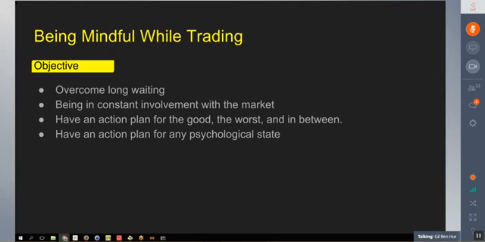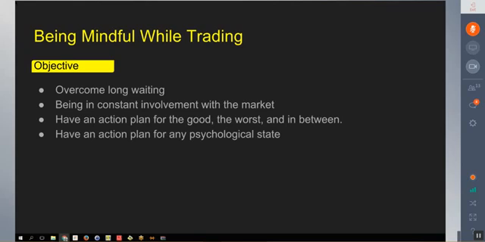Sometimes it's really, really hard to wait for these levels, and we do all sorts of things to overcome this long waiting. We would go to Facebook, read emails, write scripts, do all kinds of things, go on debates. PlayStation, maybe. Yeah, start talking in the chat room. Go to different time frames and different instruments to analyze, and then boom, when we come back, we missed our trade.